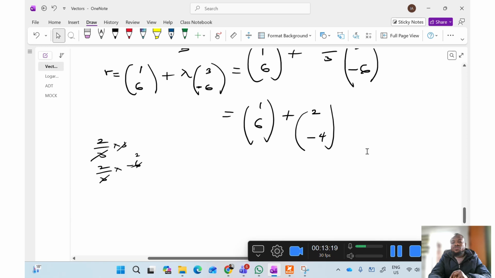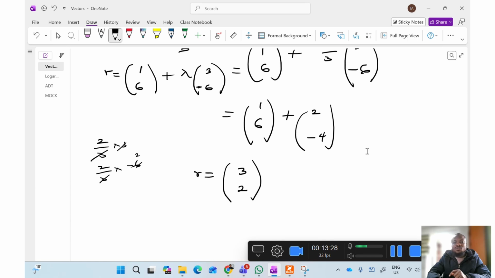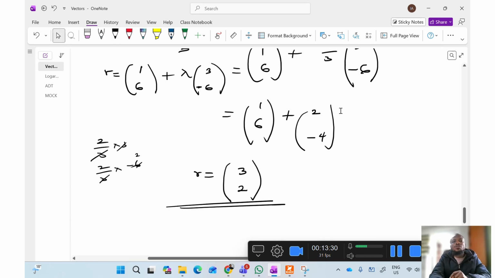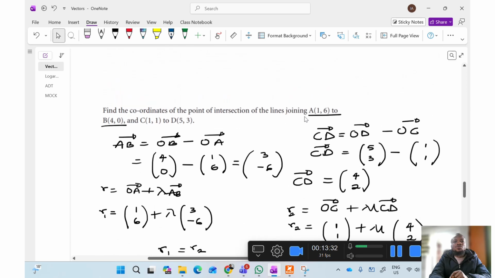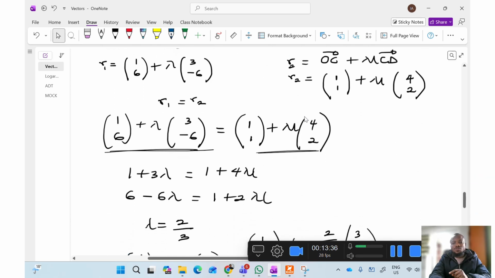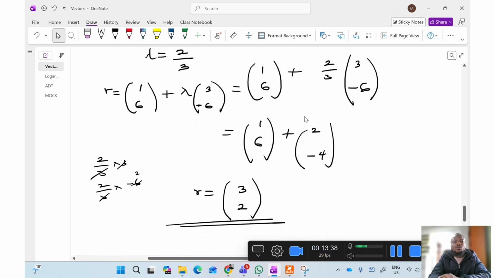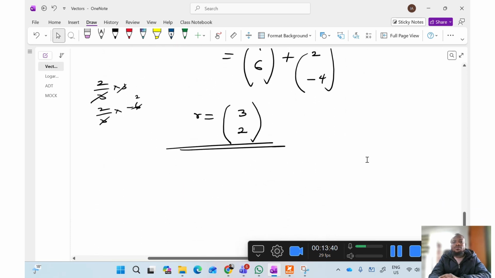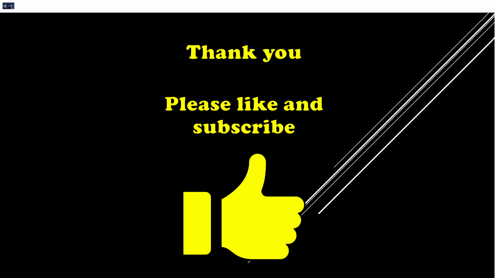Now, since 2, minus 4 is gotten, the position vector of that point of intersection will be equal to 1 plus 2 is 3, and 6 minus 4 is 2. So 3, 2 is the point of intersection of these two lines. Is this understood? I hope this is well understood. If you have any question, you can write in the comment section. Thank you. See you in the next session.